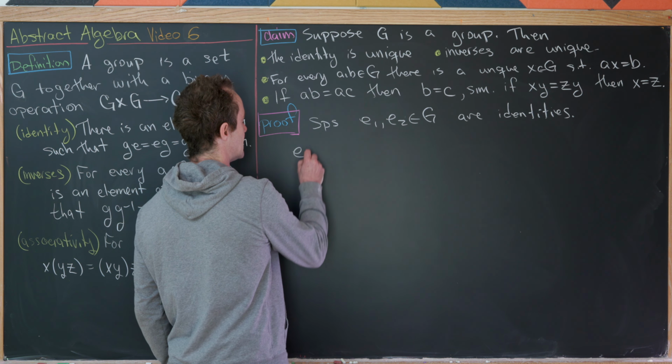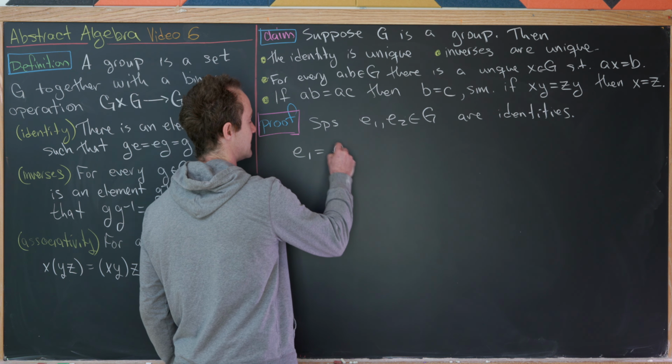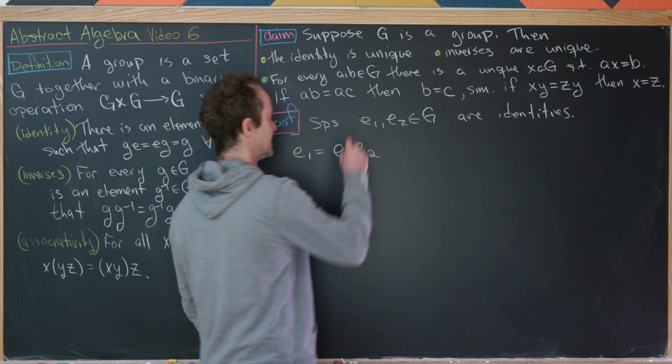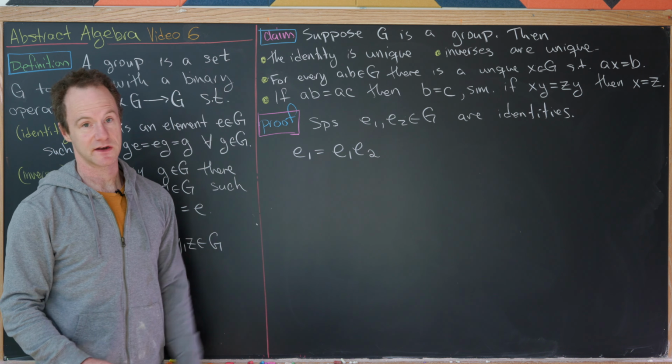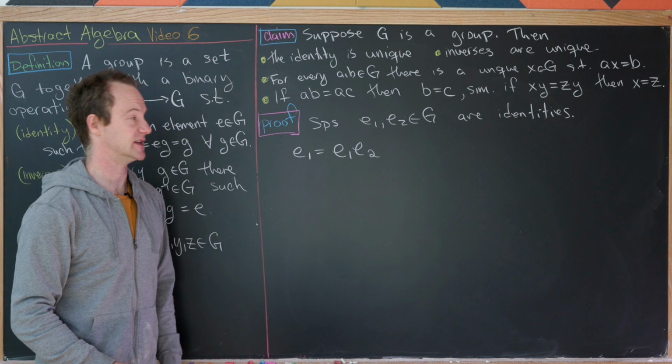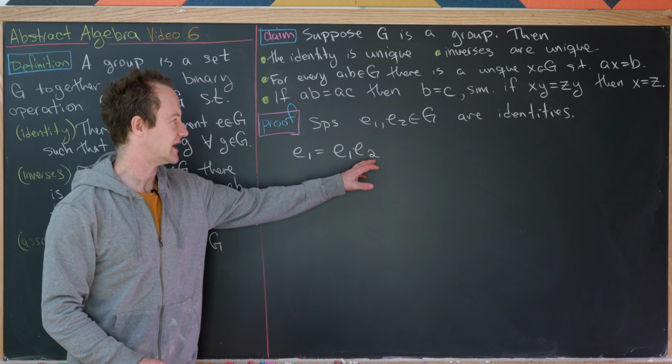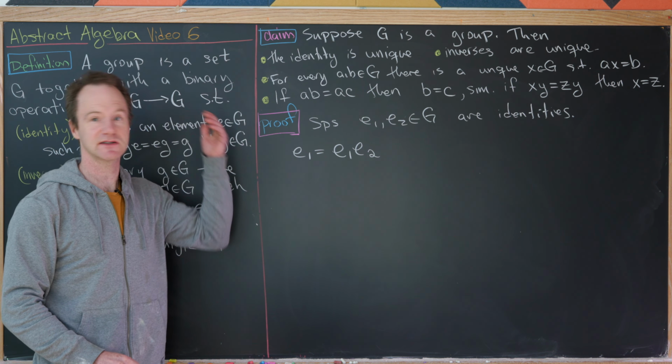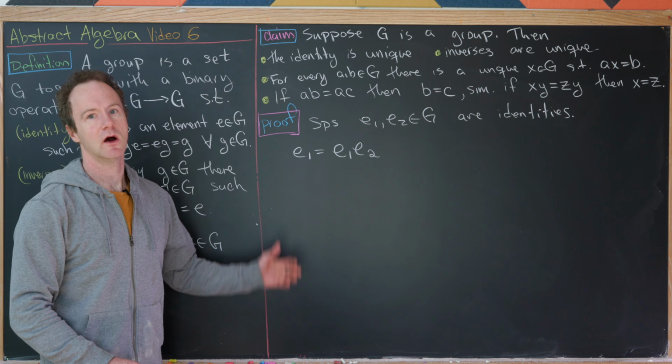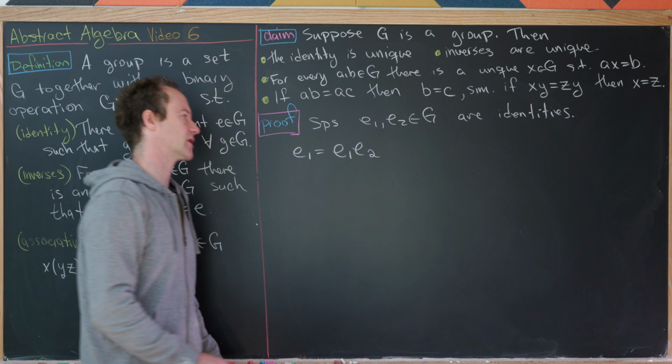We have e1 is the same thing as e1 times e2. This equality is true because e2 is an identity, so combining e2 with anything doesn't leave that thing changed. But now you can maybe see where we're going.